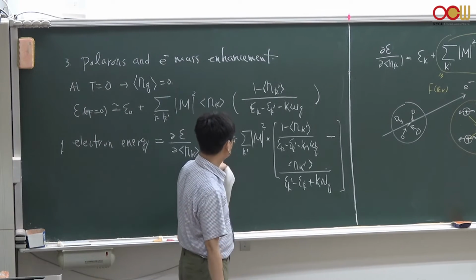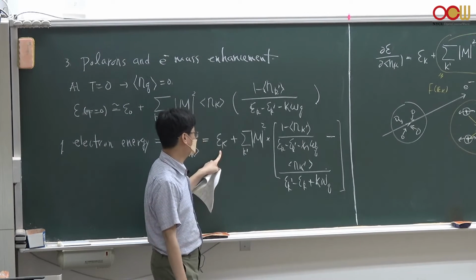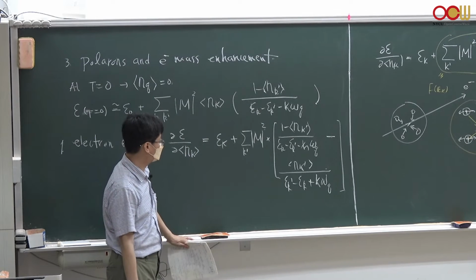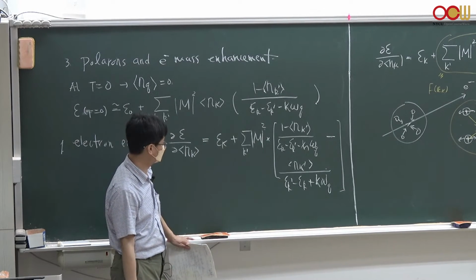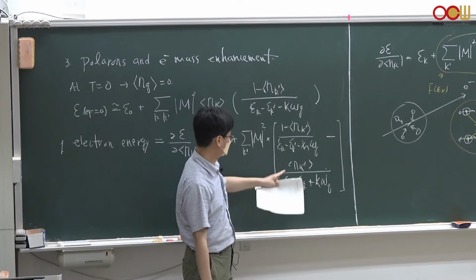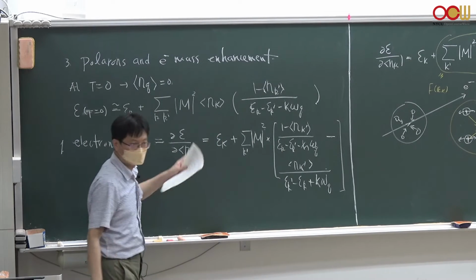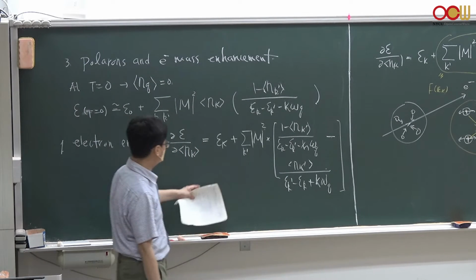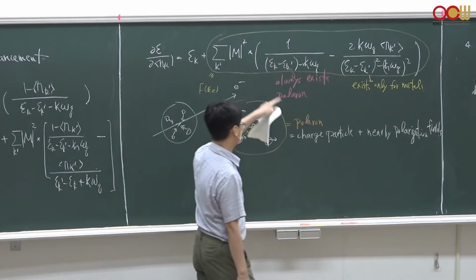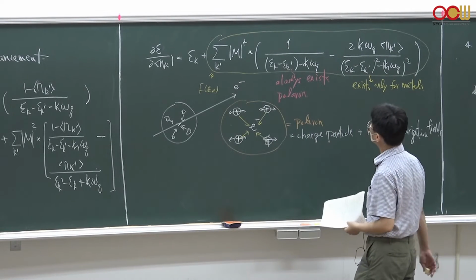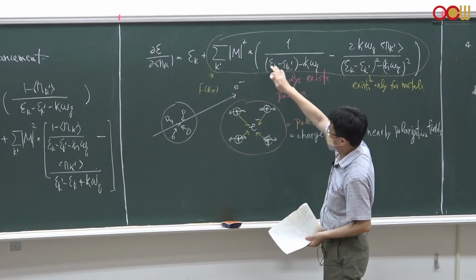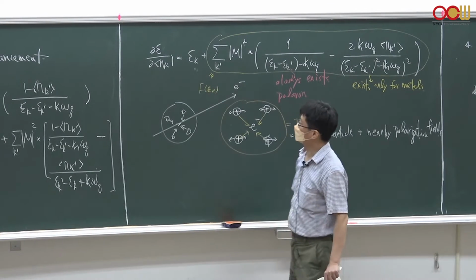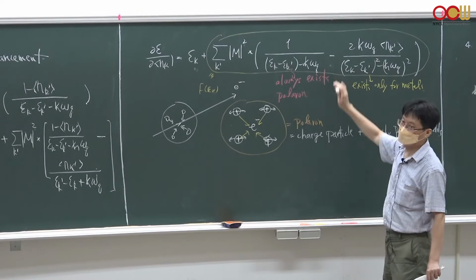And you get the free electron kinetic energy, epsilon k, plus some additional term that comes from the electron-phonon interaction. There are two contributions. You could very easily verify that this is the case. So let's combine everything. You can easily see that the single electron excitation energy is given by this non-interacting part plus the electron-phonon contributions.